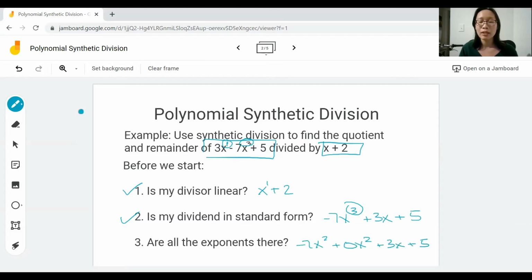The reason for this is because it's like in numbers, when you say 1002, you can't just write 12, because what you really mean is that I have 1,000, 0 hundreds, 0 tens, and 2 ones. And so in the same way, we have to add our 0 back in to make sure that everything's in its right place. Now that I have checked that all 3 things are okay, we can move on.